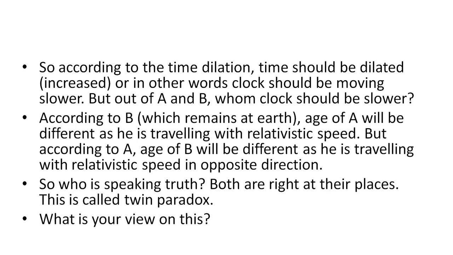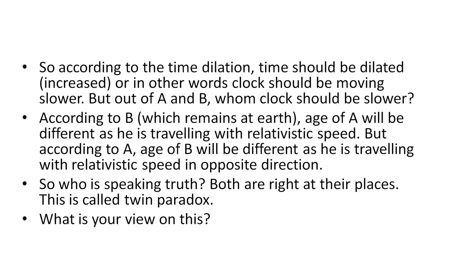So according to the twin at the earth, the time of his or her brother or sister should be slower, but according to the twin in the rocket, the time of his or her brother should be slower, because according to the observer at earth, the rocket should be the inertial frame of reference, and according to the twin in the rocket, the twin at the earth should be in the inertial frame of reference.